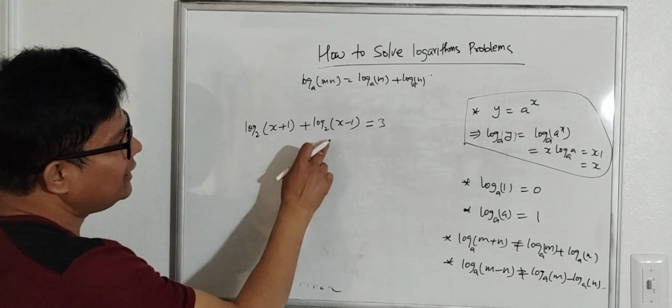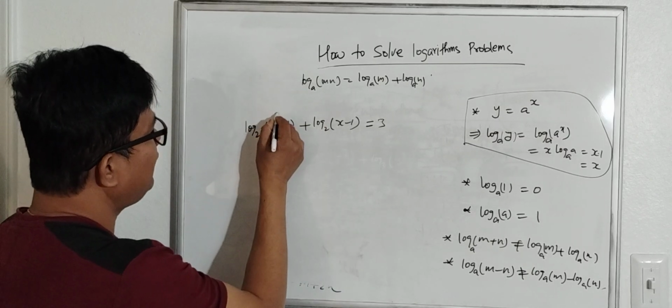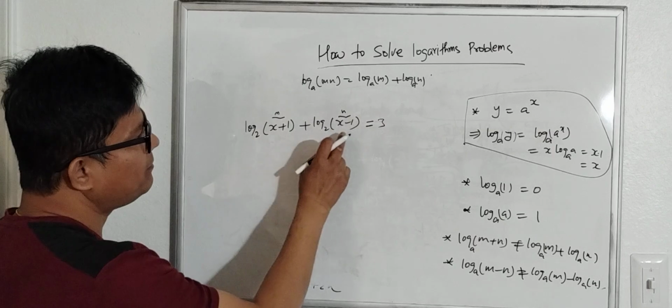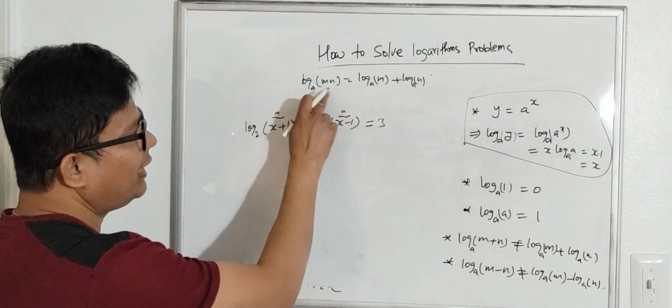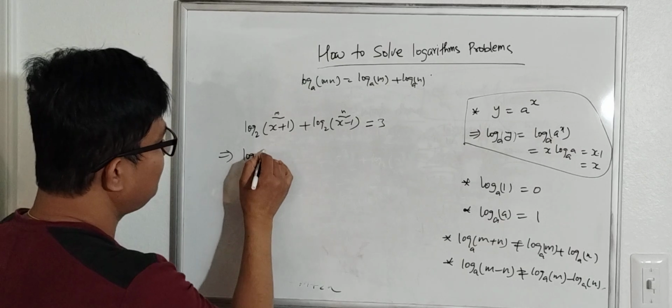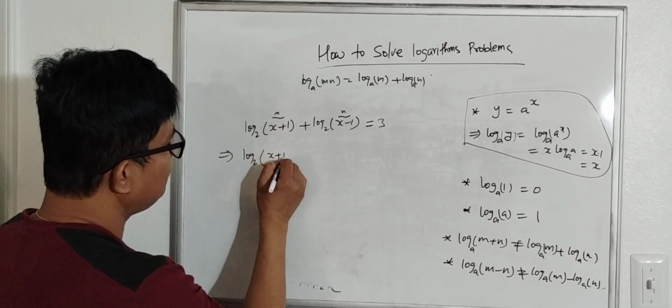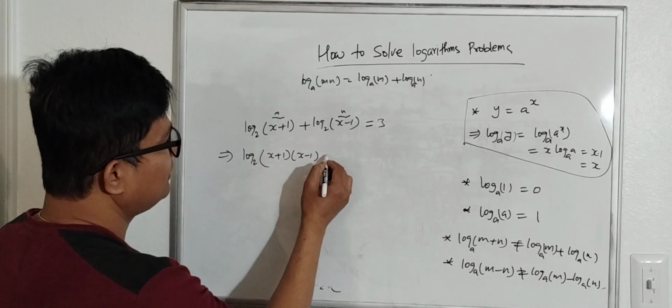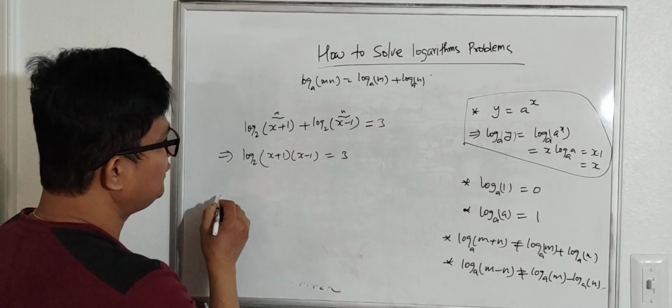So can I apply the same thing here? Let's call this m and call this n. Now I have log m plus log n, which is log of m times n. Let's do that. Log base 2 of (x plus 1) times (x minus 1) is equal to 3.